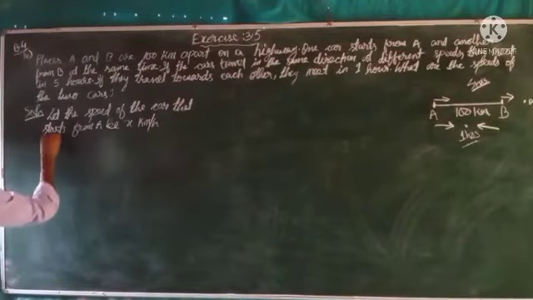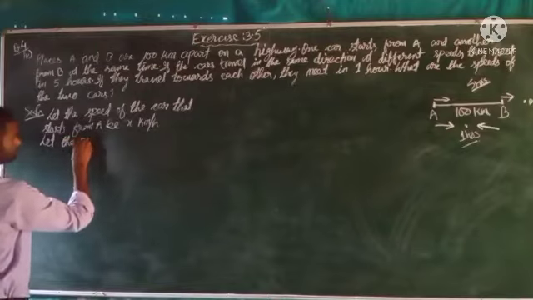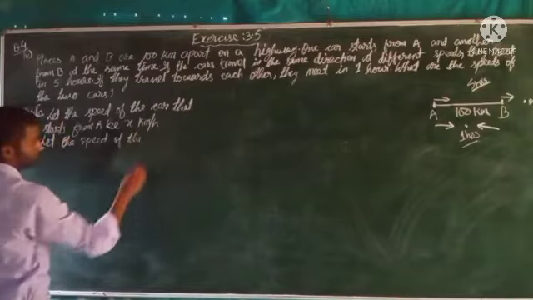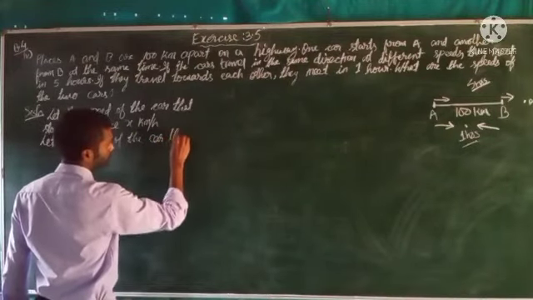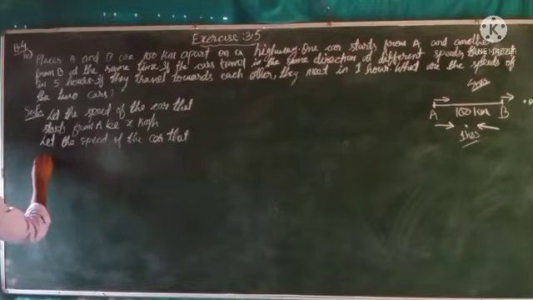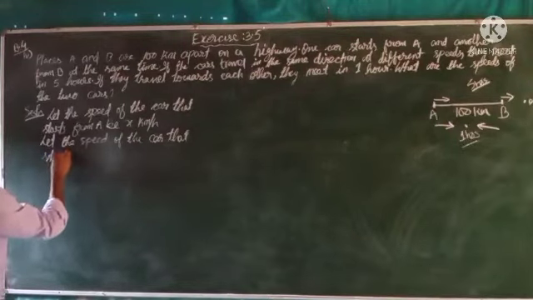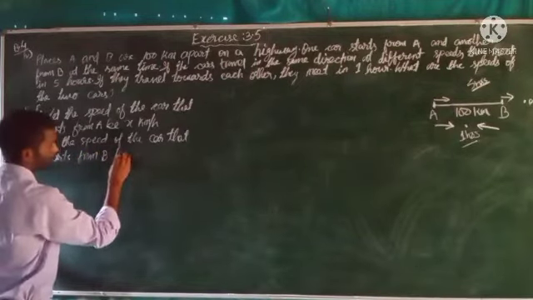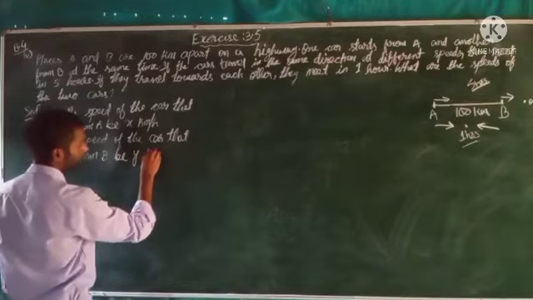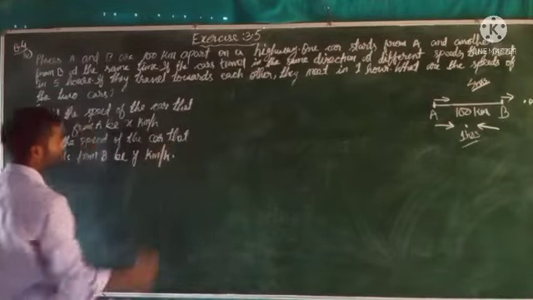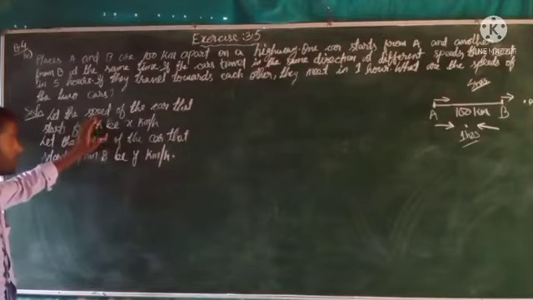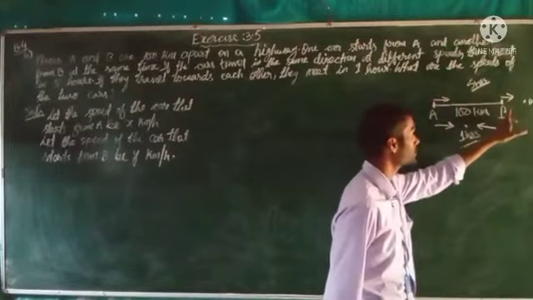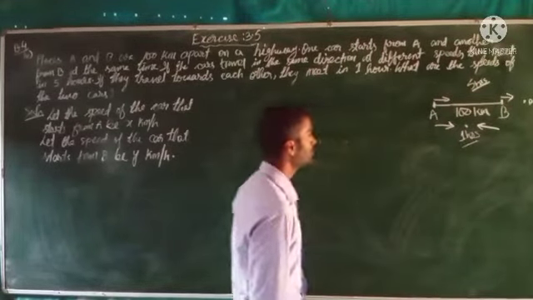And let the speed of the car that starts from point B be Y km per hour. We have taken the speed of the car that starts from A as X km per hour, and the car that starts from B as Y km per hour.